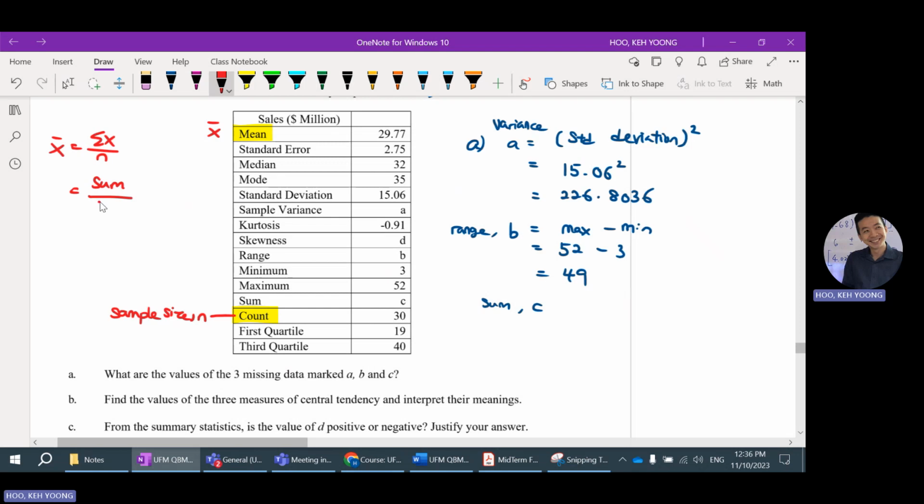My count is 30. My sample mean is 29.77. So my sum would be equal to 29.77 times 30, which is 893.1. So this is your sum. Sum is your total x.